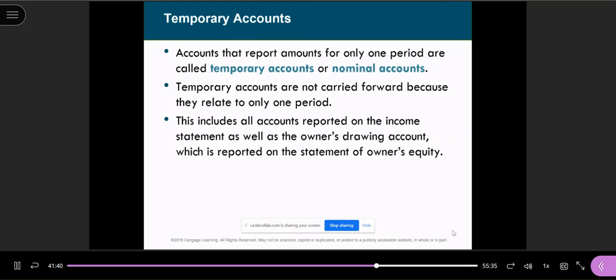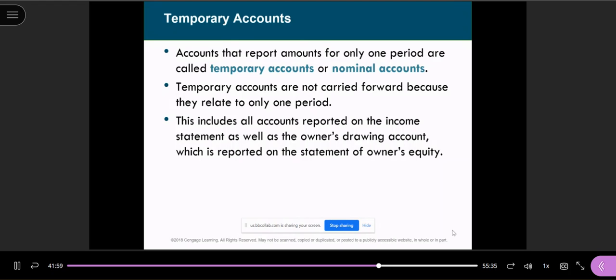It allows us to reset everything to see how we're doing year to year. Because if you looked at some income statement that showed $10 million in net income, and I asked you, well, is that good or bad? You're probably going to tell me it's good.